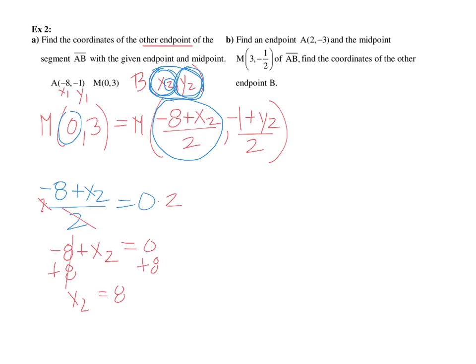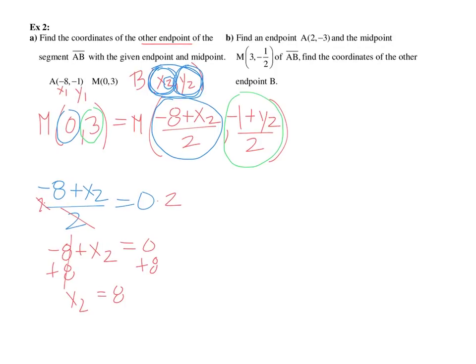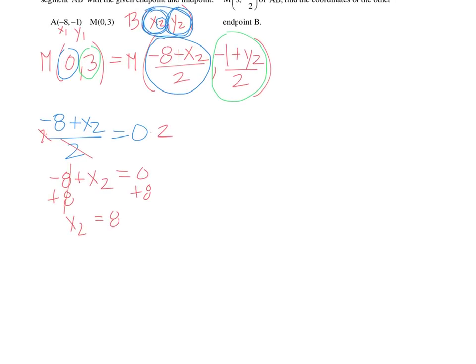All right, then I want to figure out my y sub 2, so I know 3 is equal to this portion for the midpoint formula. So let's set up another equation. Negative 1 plus y sub 2 over 2 is equal to 3. All right, let's isolate y sub 2. These cancel.